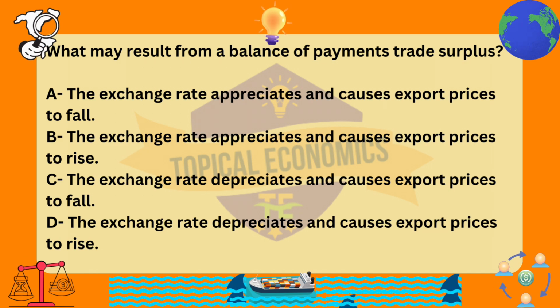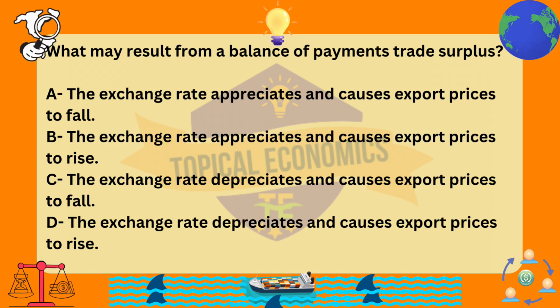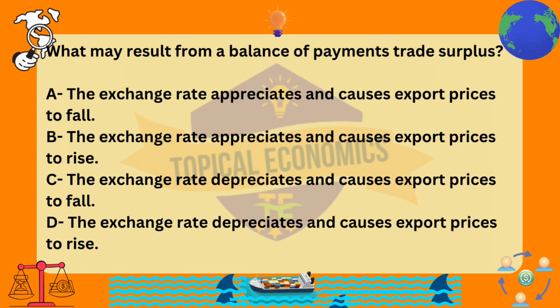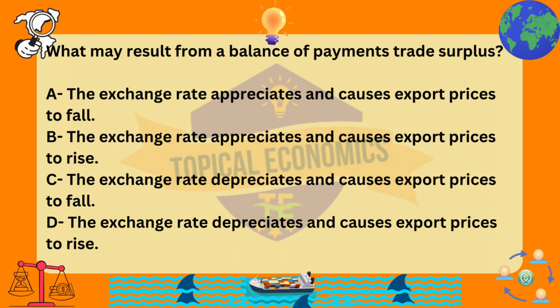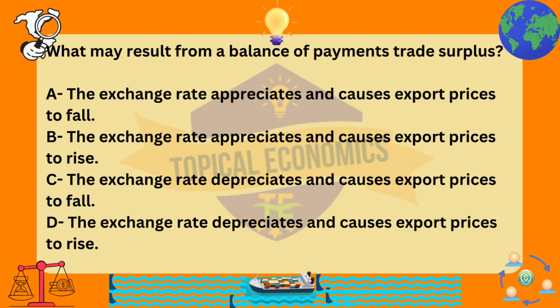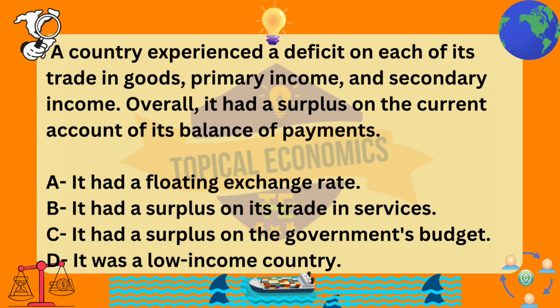This appreciation can make the country's exports more expensive for foreign buyers, which could cause export prices to rise in foreign markets. Therefore, a trade surplus often leads to an appreciation of the domestic currency, and higher export prices could follow as a result of the stronger currency. Moving to the sixth question.